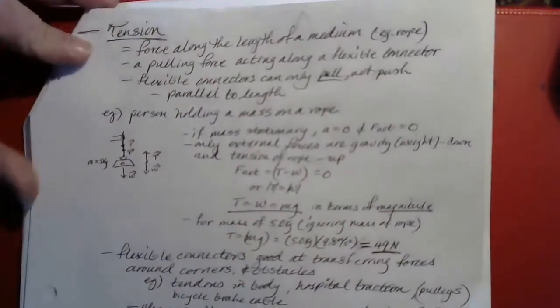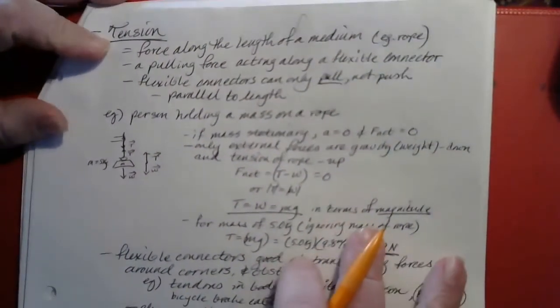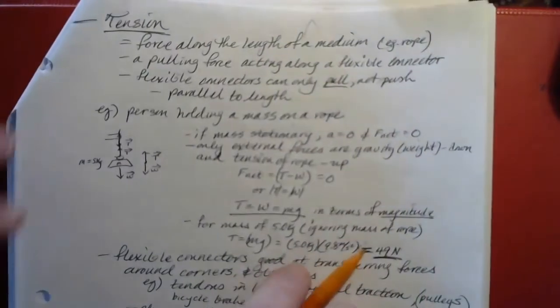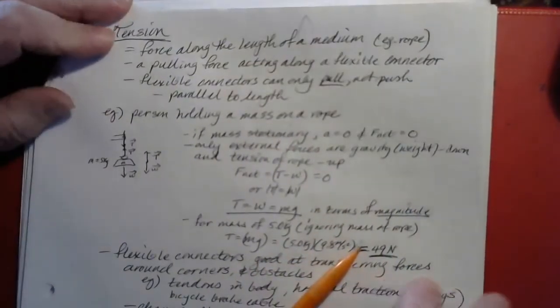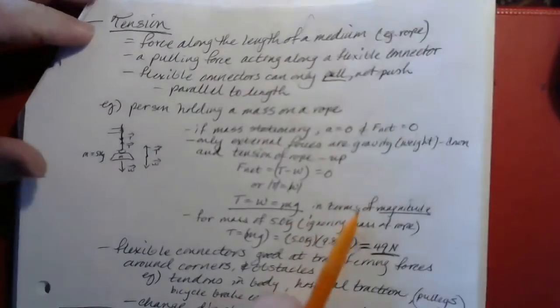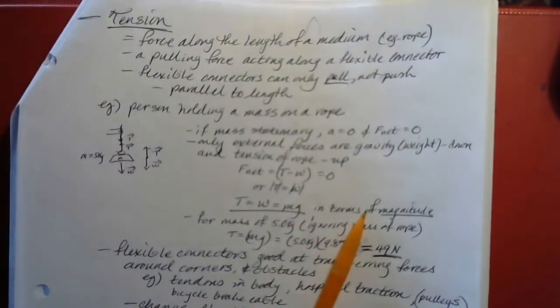Okay. This brings us also to the subject of tension. Tension is a force along the length of a connecting medium. A connecting medium is something that connects things, like a rope or a string or a chain or a cable, something like that. In the case of tension, you're talking about connecting media that are capable of pulling something but not pushing something.